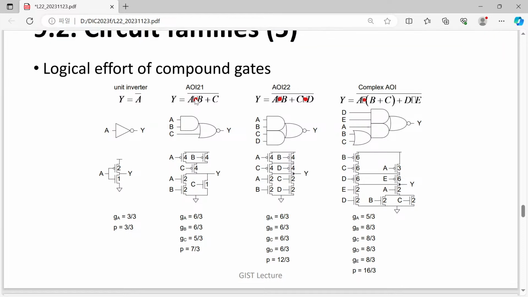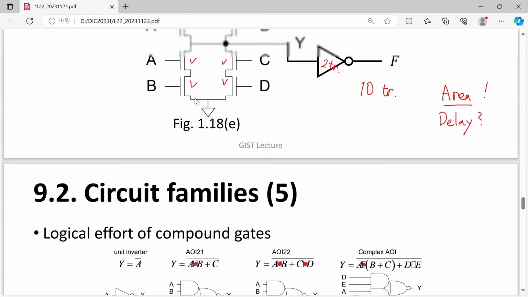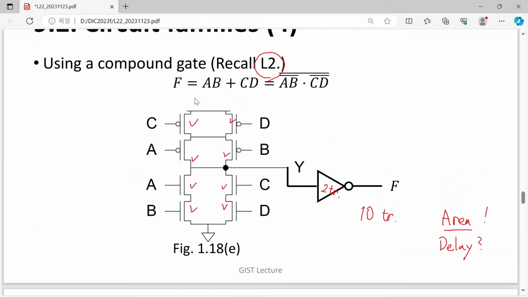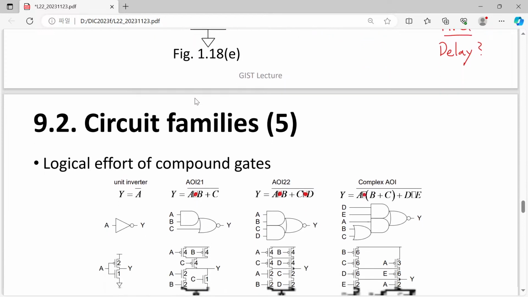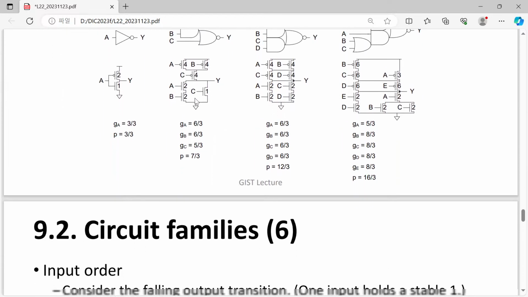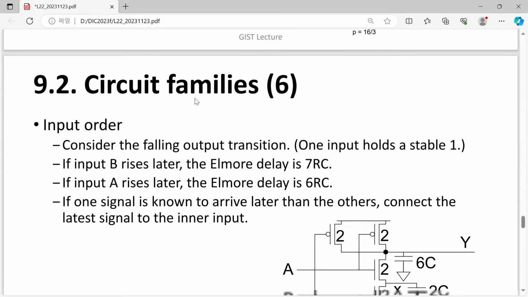Then you can find that from the viewpoint of delay, it is not that easy to say. Seemingly, since we have a lesser number of transistors, maybe it is also beneficial in terms of delay, but in reality it cannot be so in some cases. Please check this one in your textbook.